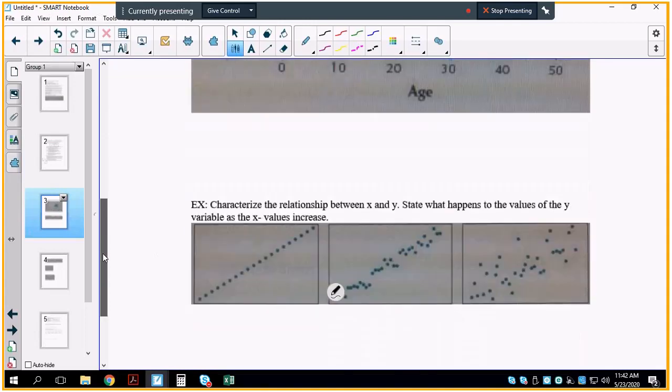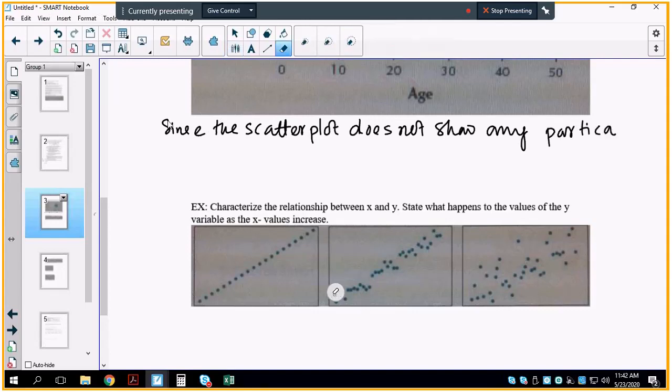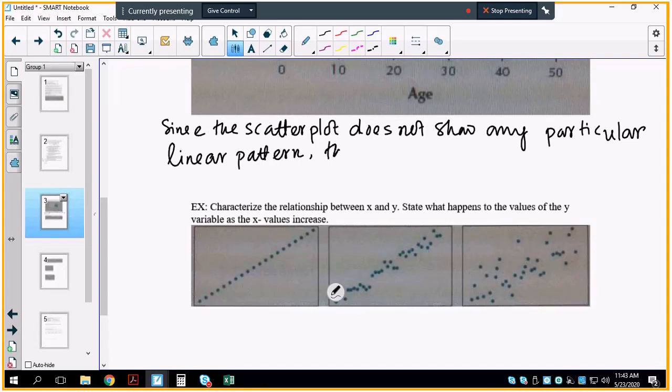So I'm going to answer this question. I will say that since the scatter plot does not show any particular linear pattern, there is no apparent relationship, and if you are careful, you would probably throw in the word linear there.